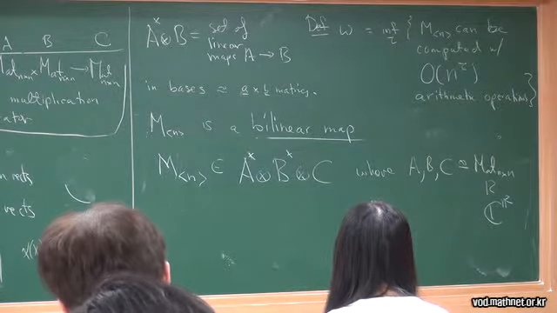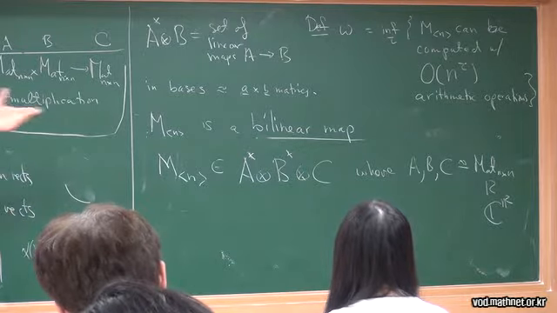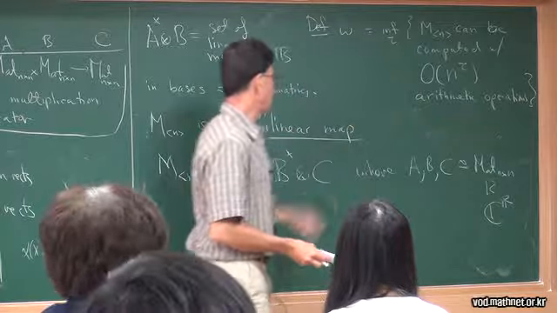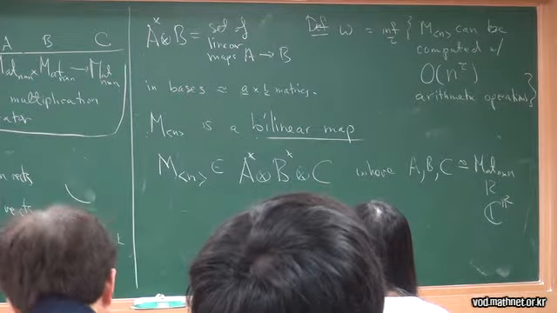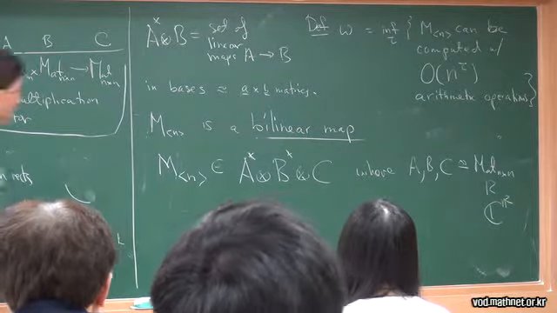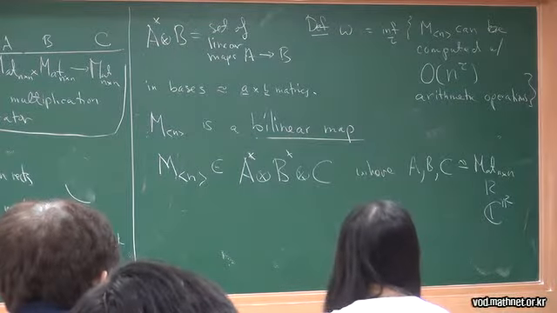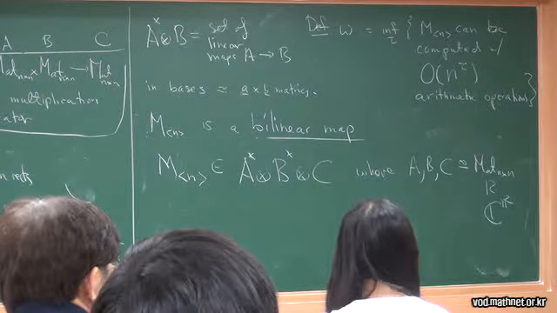Now, I introduced this notation because this is too vague. And I would like a precise measure of complexity. So for linear maps, is it okay if I continue to use this board?